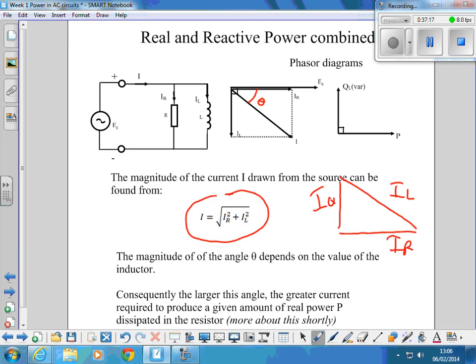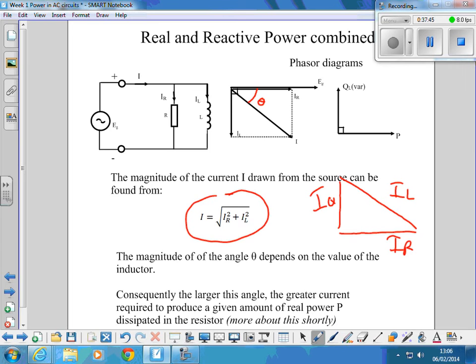It is in mechanical as well for forces, isn't it? So the magnitude of the angle, theta, depends on the value of the inductor. And the value of the resistor as well, really, because that's going to affect the in-phase current. Consequently, the larger this angle is, the greater the current required to produce a given amount of power.